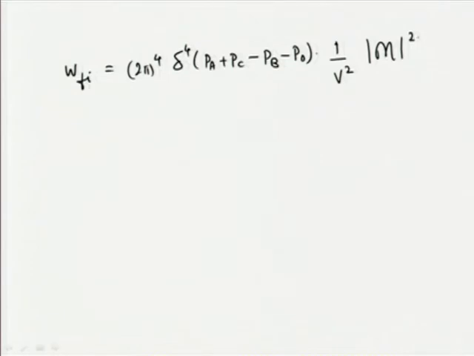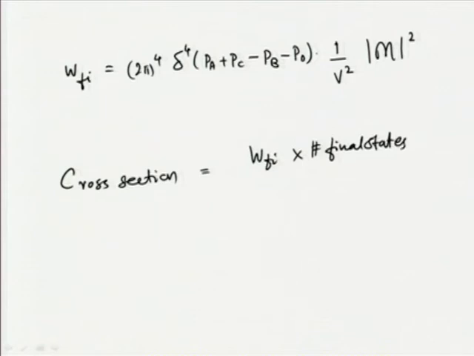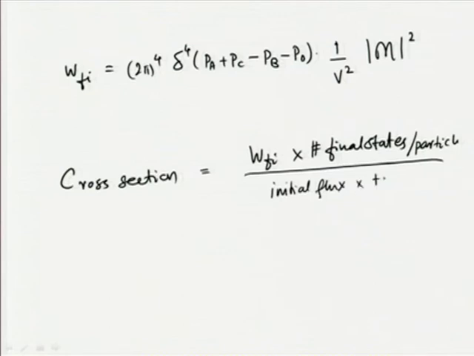The cross section of the scattering process, or the cross section of the interaction, is the rate per unit volume times the number of final states per particle, divided by, so cross section times initial flux times target density.